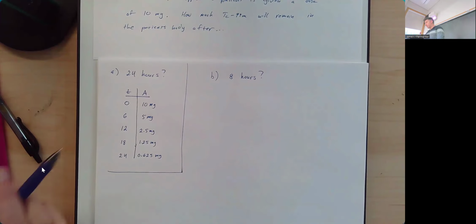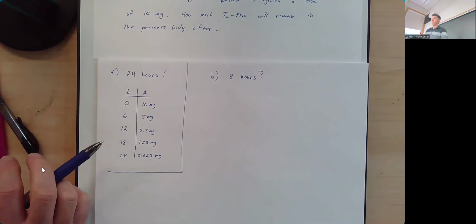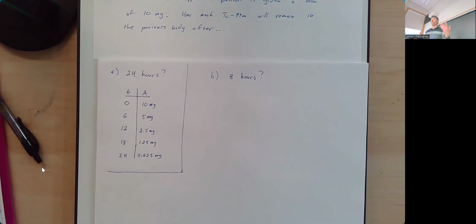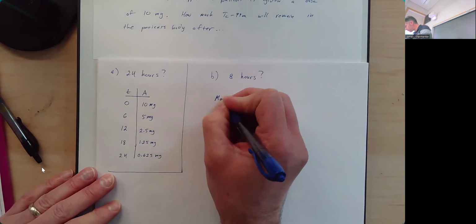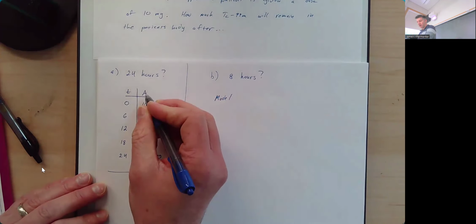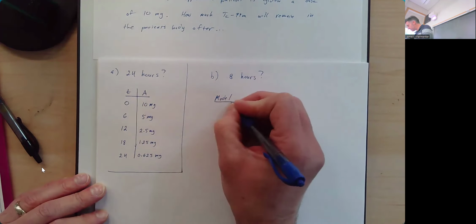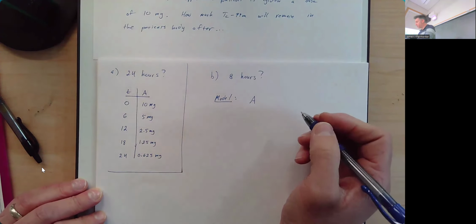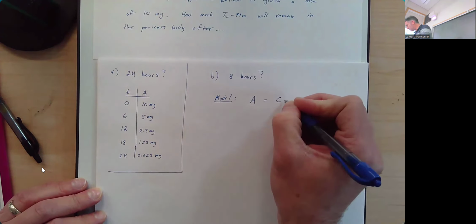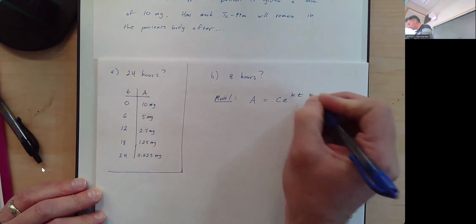I definitely know that there's less than 5 and there's more than 2.5, but that's really all I can say without doing more work. So this is where we have to actually start writing down the model. So here is our general model. And since I used A here, I'm going to write it as A, the amount of stuff I have at time t, instead of y, equal to C e to the kt.